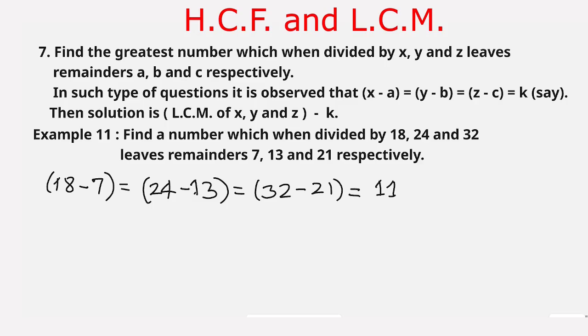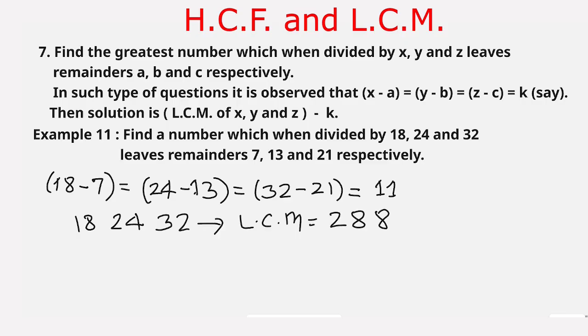Now we have to find the LCM of 18, 24 and 32. We already know how to find the LCM of it, so I am not finding it. You find it by yourself. The LCM of this comes out to be 288. So what will be our answer?